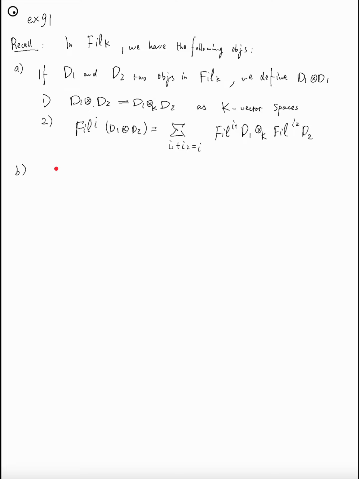Second object, the unit object, denoted by K0. As a K-vector space it is K itself.